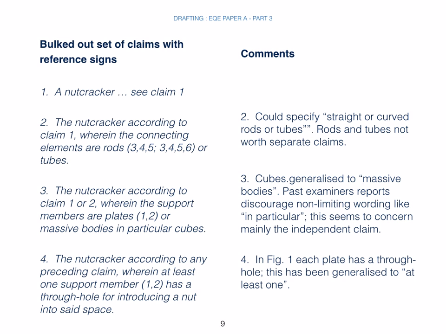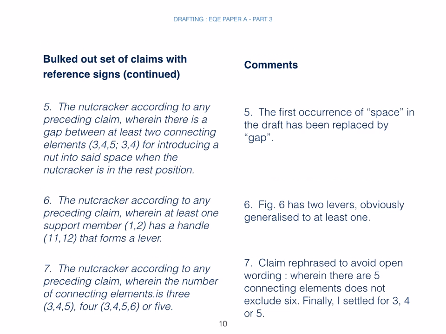So it's proper to claim just a through hole in at least one support member. We go now to the next sheet, which takes us to claim 5.